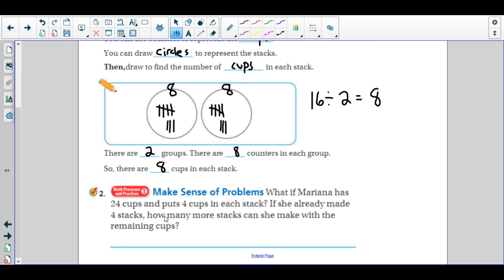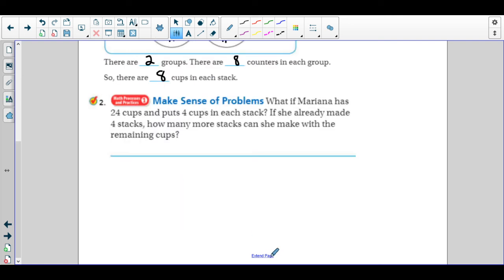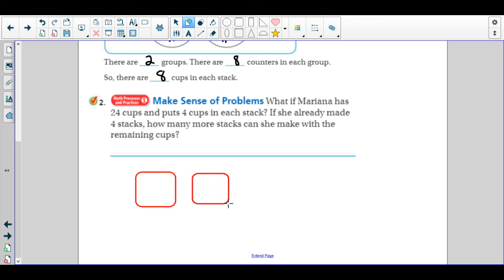She puts 4 cups in each stack. She's already made 4 stacks. So here's a stack. We have another one here.